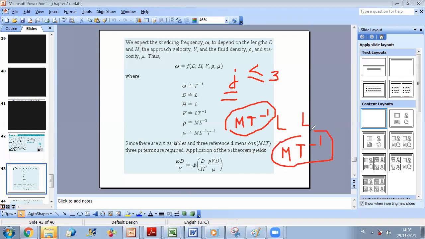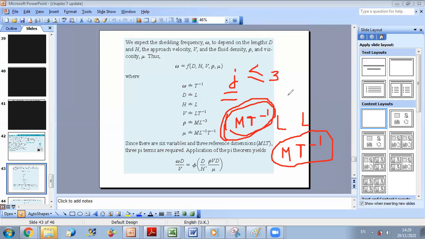You don't have them separate in any of the variables. So here you have MT^-1 in this third variable. So it's like a new or equivalent dimension, if you want. You can define a new dimension, which is MT^-1. So then the number of dimensions involved will be smaller than 3 in this case, and the number of independent variables you can select is smaller than 3. It will be equal here to 2, for example.